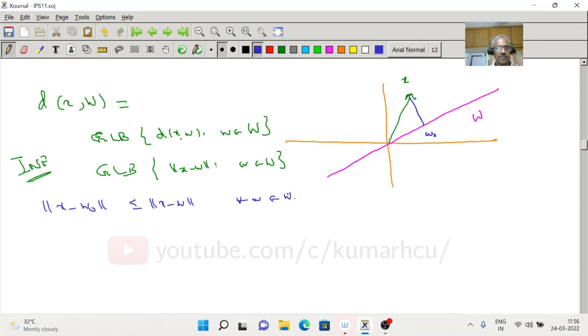It's actually a minimum. I hope your GLB, minimum, maximum are all very clear. Good. So the minimum is attained.